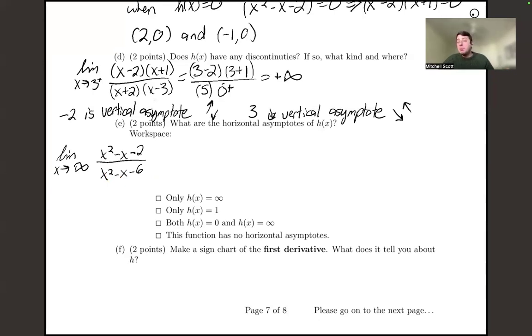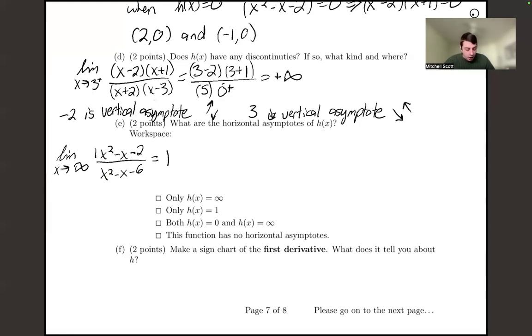But you probably have realized that if we have two polynomials by now, and they're of the same order, right? So x squared is going to grow at the same rate that x squared does, which is faster than x, right? And these constants become irrelevant as x gets very, very large. They become negligible. So you should see that this is going to approach 1 because they grow at the same rate, right?